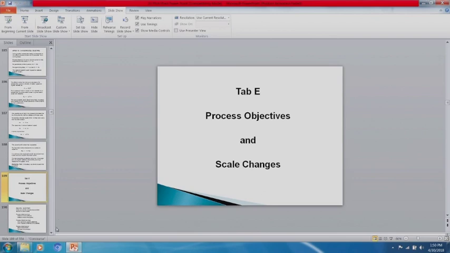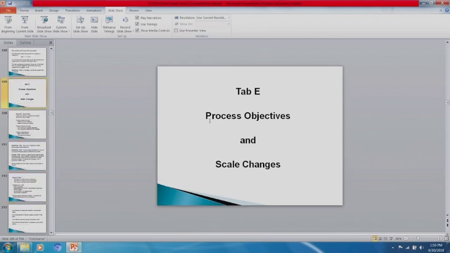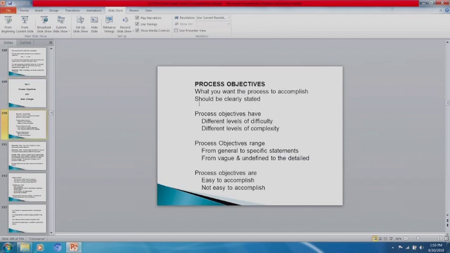Now let's move on. We're going to talk about objectives and scale changes. Objectives. Now I've just rattled off some objectives. You're always starting with objectives, or needs that generate objectives. So let's see what we have here.